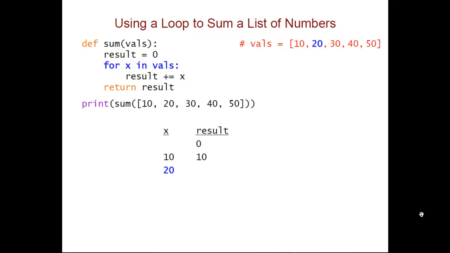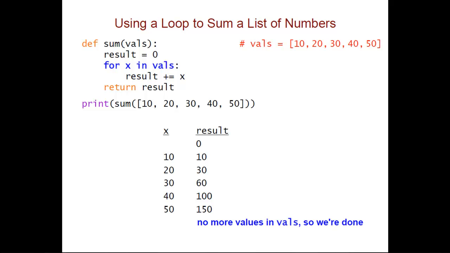Then we get the next value from the list and assign it to x, and then 20 plus 10 gives you 30. Then 30 gets assigned to x, 30 plus 30 is 60. Next value gets assigned to x, 40 plus 60 is 100. Next value gets assigned to x, 50 plus 100 is 150.